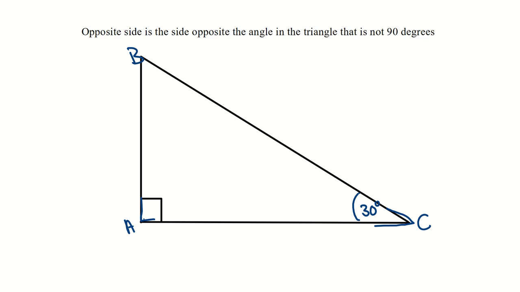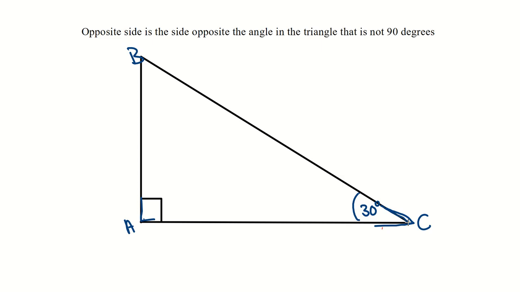So they will give you a 90 degrees triangle, and then they may give you an angle that is not 90 degrees. So let's say they give you the angle down here, and they say it is 30. Same concept that we did for the hypotenuse. We're going to draw the two lines that intersect to make up 30.